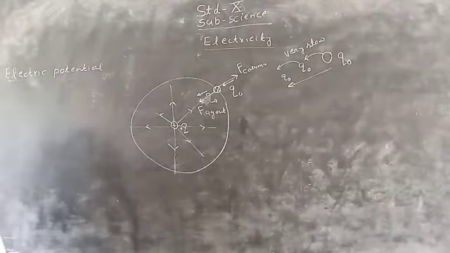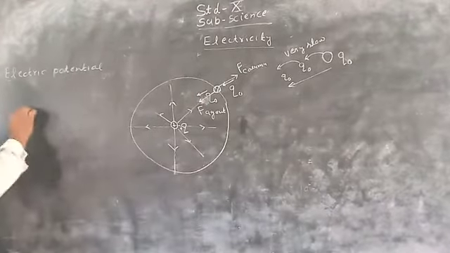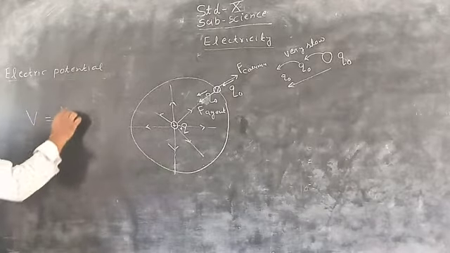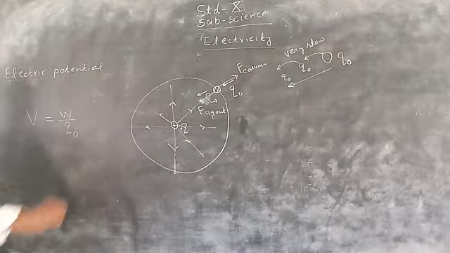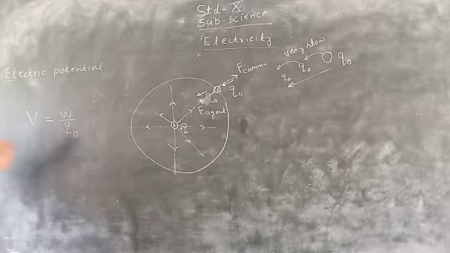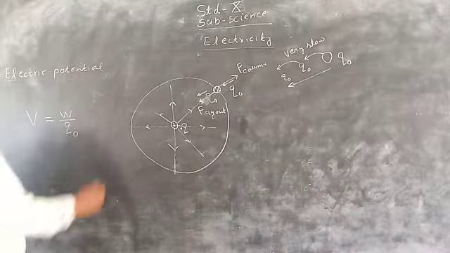So here the definition is defined. Electric potential V is equal to work done per unit charge. This is the basic definition. What is the definition of the electric potential?